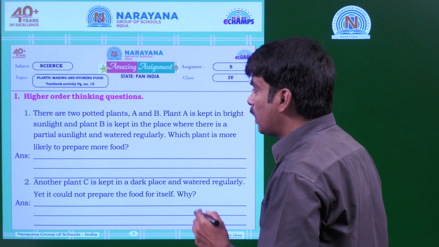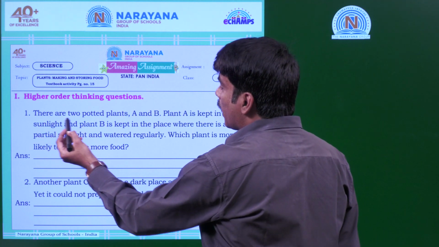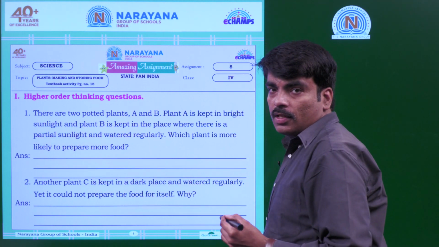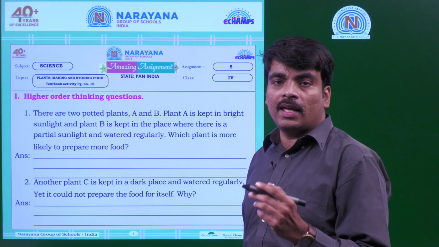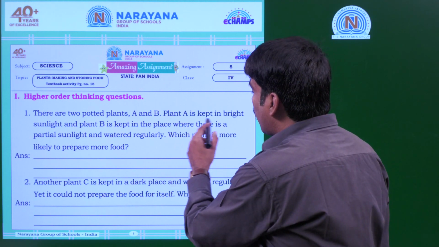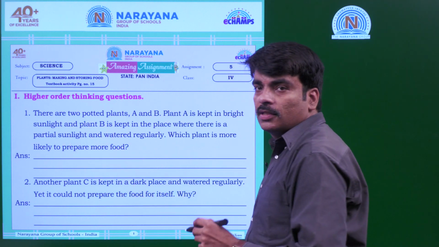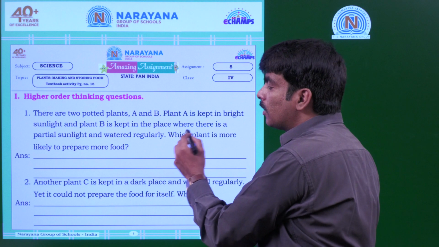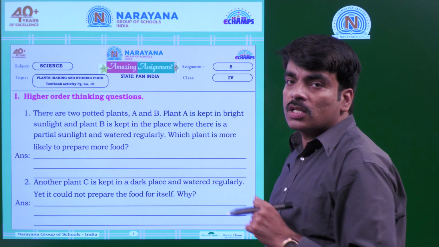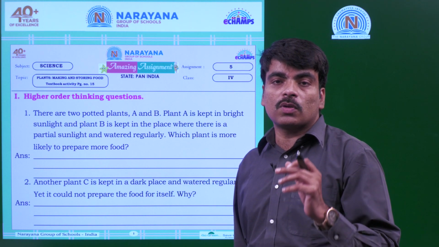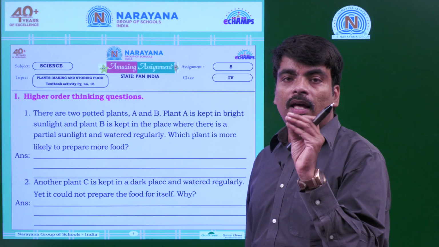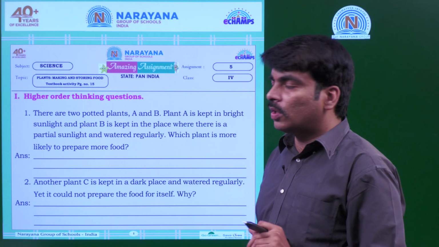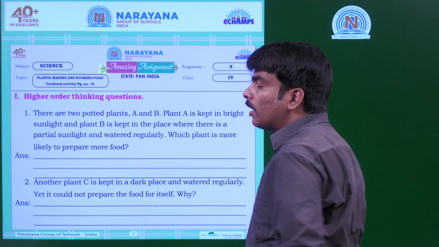The first question, let us read the first question. There are two potted plants A and B. Plant A is kept in bright sunlight. And plant B is kept in the place where there is partial sunlight, that is, a smaller amount of sunlight is reaching there, and watered regularly.